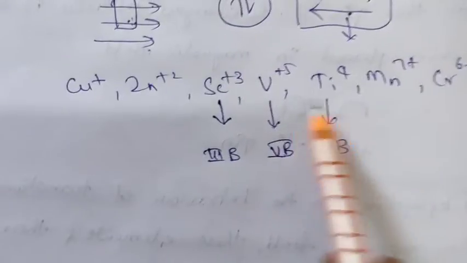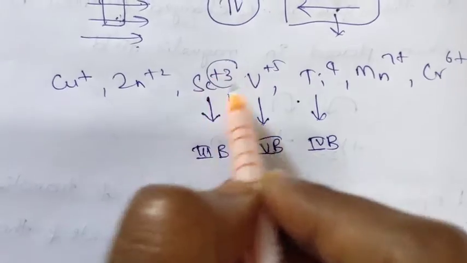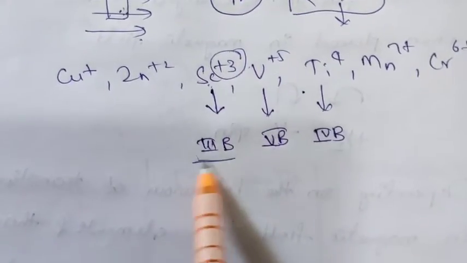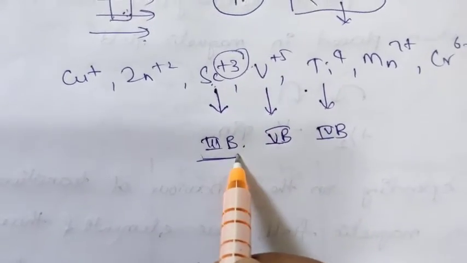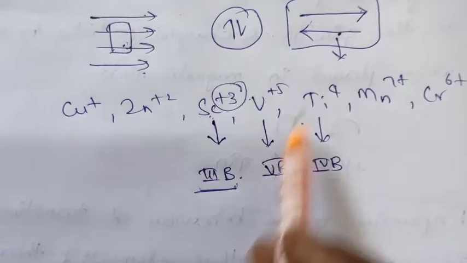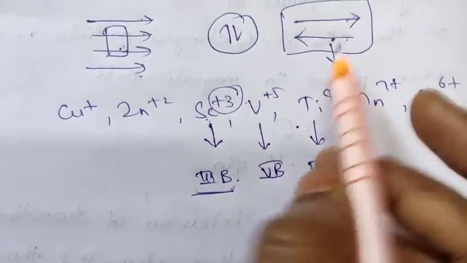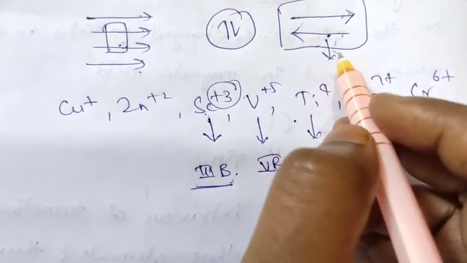Means the oxidation state of these transition metals equals the group number. That's why they exhibit diamagnetic properties, and here we have paired electrons. If paired electrons are there, then that metal shows the diamagnetic character.